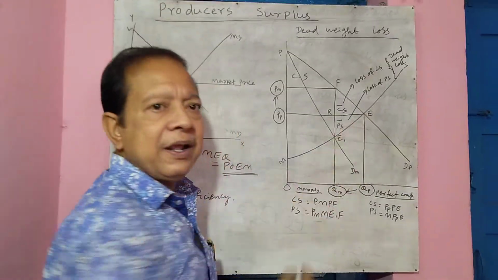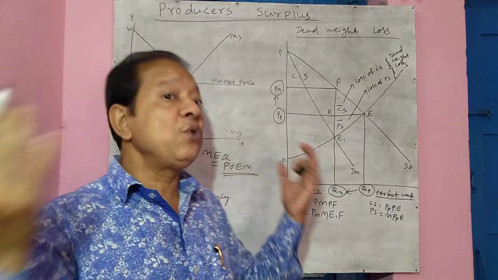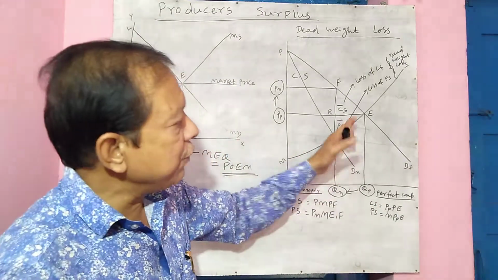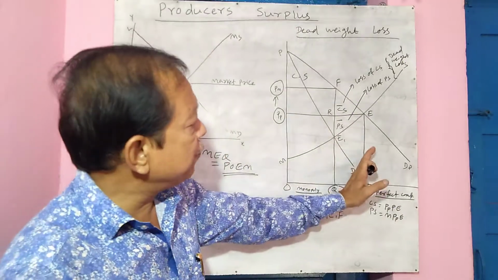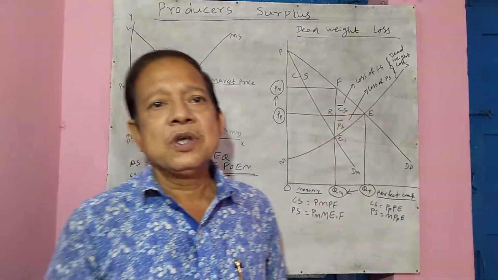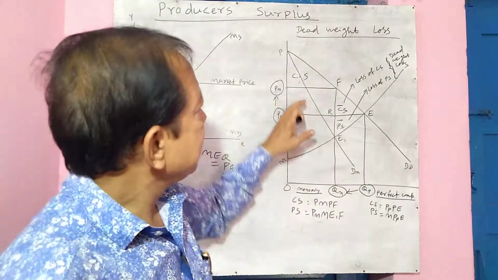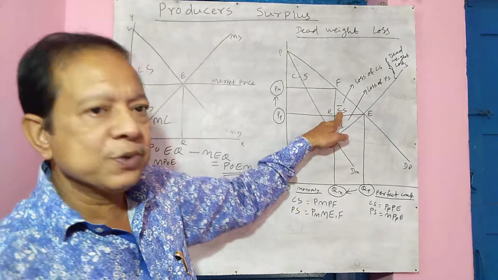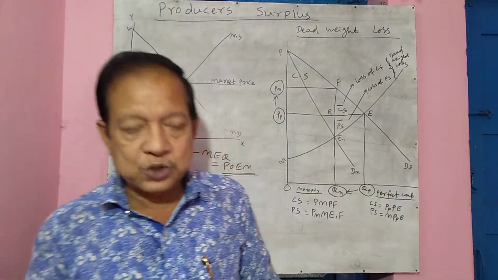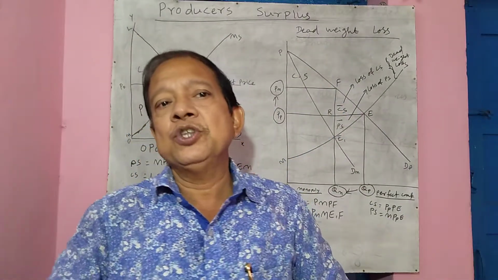This triangle is the producer surplus that falls. Similarly, because the output falls, the consumer surplus also falls from a bigger area to a smaller area. So this is the loss of consumer surplus that the consumers enjoy in the market.